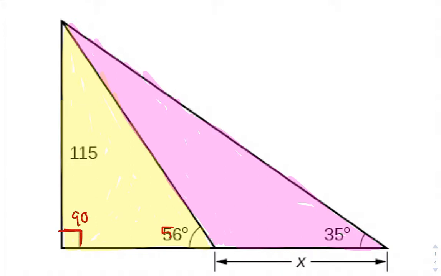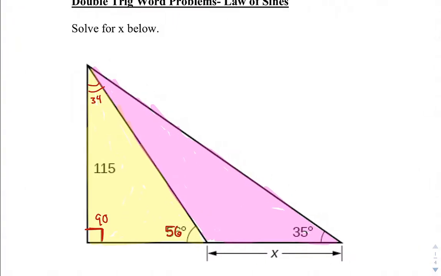This is 56. So in order to figure out this top angle, what we do is we do 180 minus 90 minus 56. So this top angle right here is 34. Now, you want to solve for the side that's common between your yellow triangle and your pink triangle. So the side they share is this one. I'm going to put a y here.